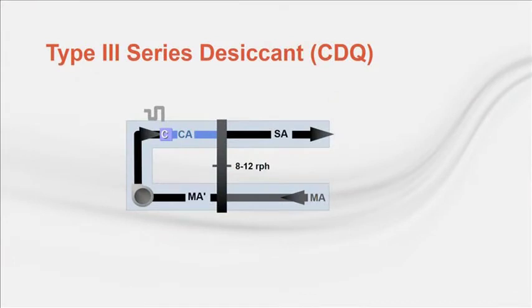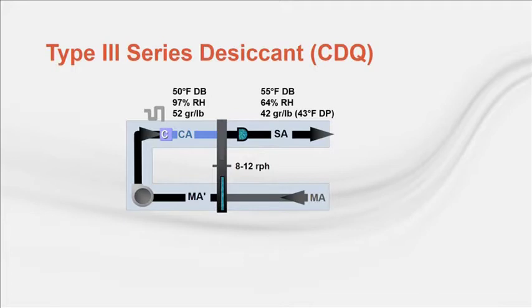First, let's look at the air leaving the cooling coil. In the example shown, air leaves the coil at 50 degrees and 97% RH, a condition where the desiccant has a high affinity for water vapor. As the air passes through the wheel, the desiccant adsorbs some of the water vapor. The final supply air contains less water vapor than the coil leaving air, 10 grains less in this example.